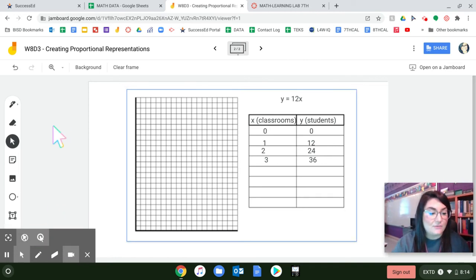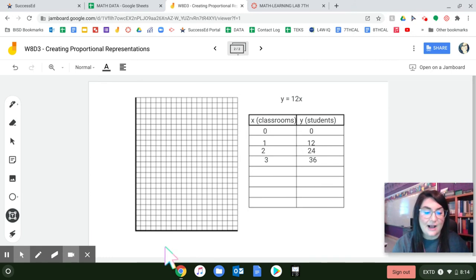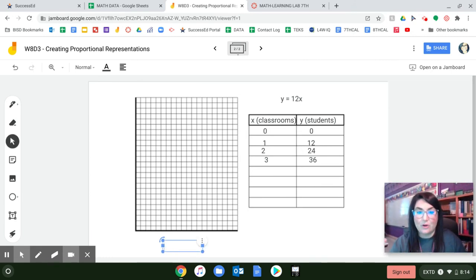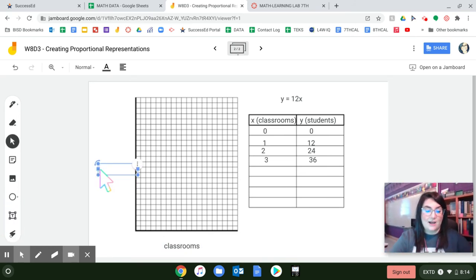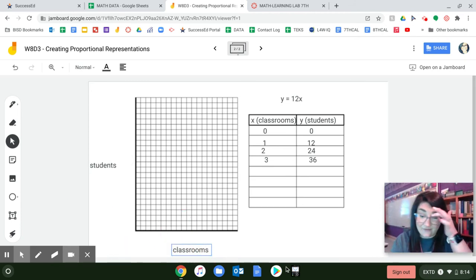All right, so now I'm going to just kind of review with you how to set up a graph. We want to label our x-axis with what we're talking about, classrooms, and our y-axis is talking about students. And we can create a scale of anything, really. To me, the easiest thing is pick the numbers you have.